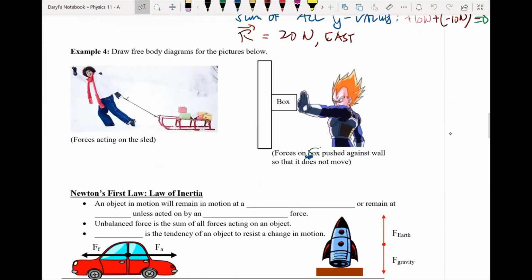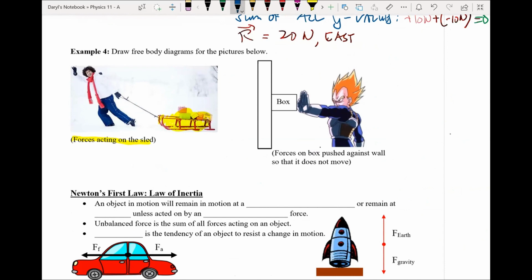Example number 4 here. Draw the free body diagrams of the pictures below. The question is the forces acting on the sled. Your sled is this one. So we want to know the forces acting on the sled.